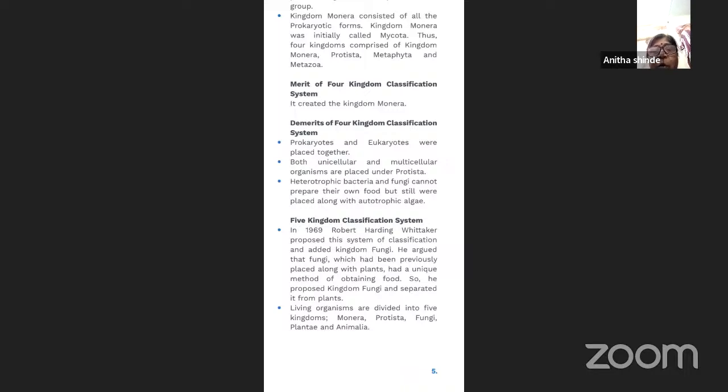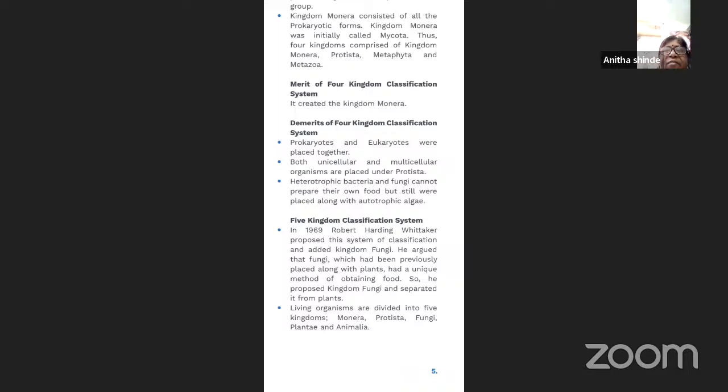That is why he proposed a separate kingdom called fungi and separated it from the plants. So in the five kingdom classification, we have five kingdoms: Monera, Protista, Fungi, Plantae, and Animalia.